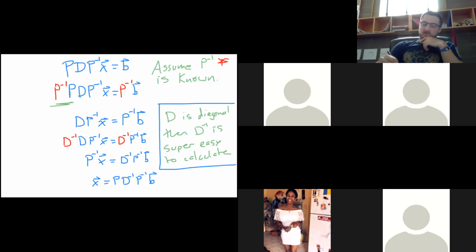But this second point, which I'll kind of block off in yellow, we actually are going to be setting up the theory to say, okay, I can actually create a nice matrix P, as in Paul, such that P inverse is actually a super, super, super easy thing to calculate as well. This is why we care about diagonalizable.